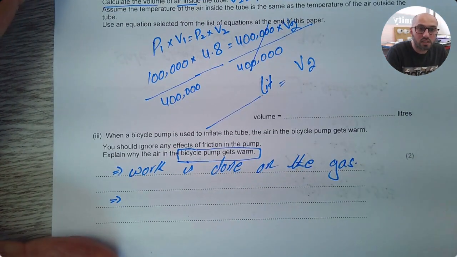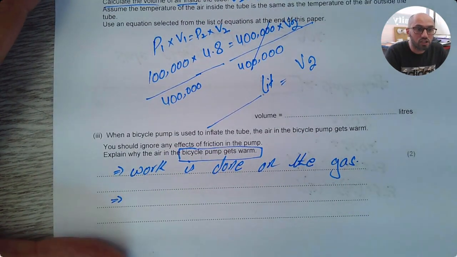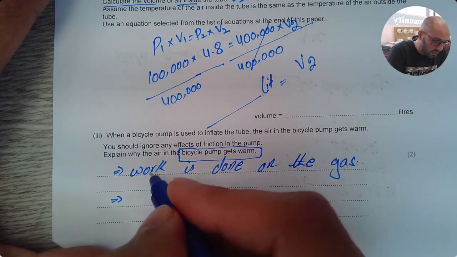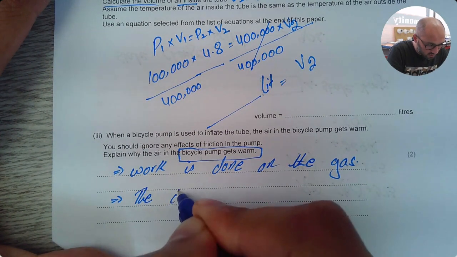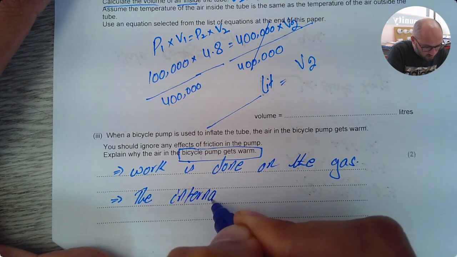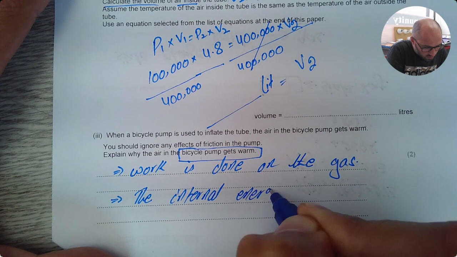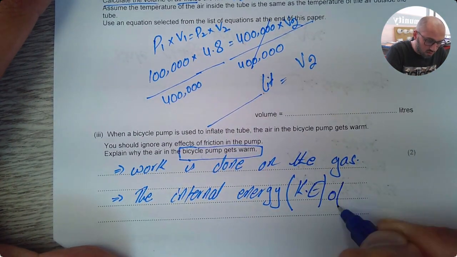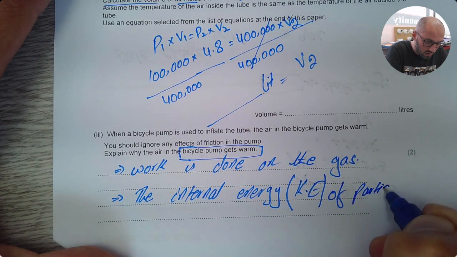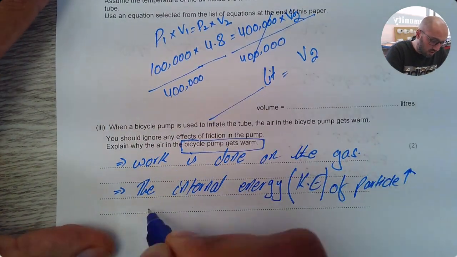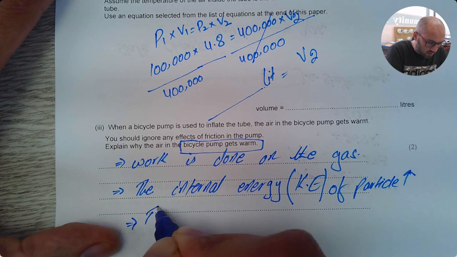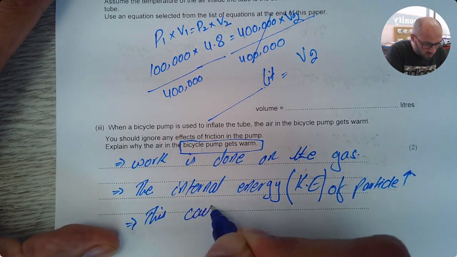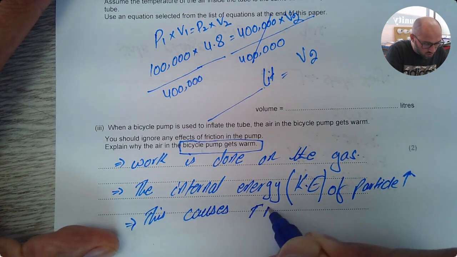When work is done on something, the energy state will increase. We can say the internal energy, which is our KE of particles, increases. This causes temperature to go higher.